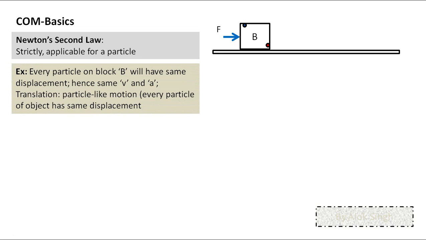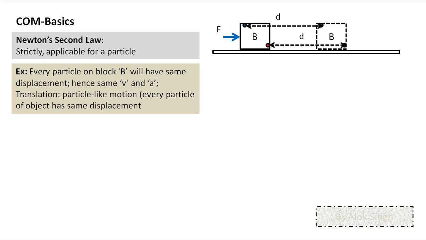If we observe any particle on this block B, and for illustration we have taken two particles on the block B, one shown in blue color, the other in red color, and the block undergoes displacement, if we observe motion of these two particles, we find both of these particles will have identical displacement.